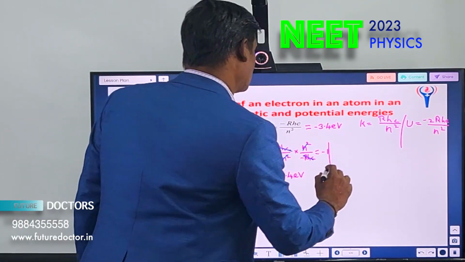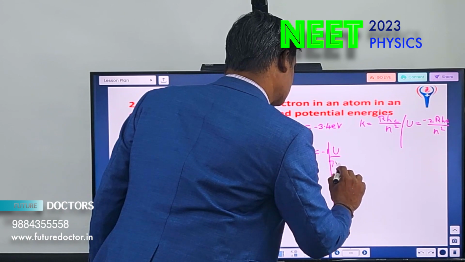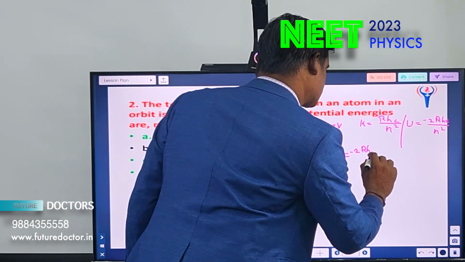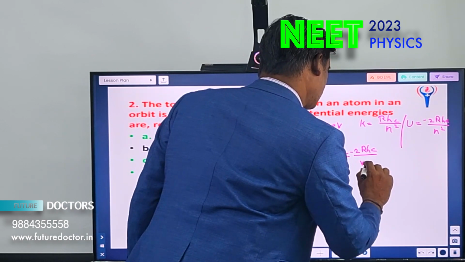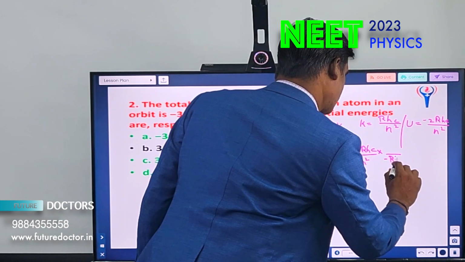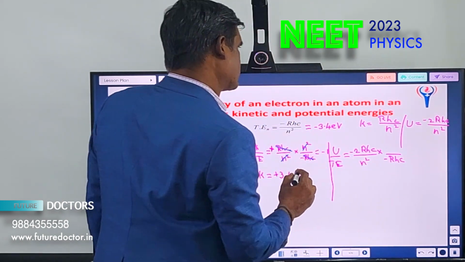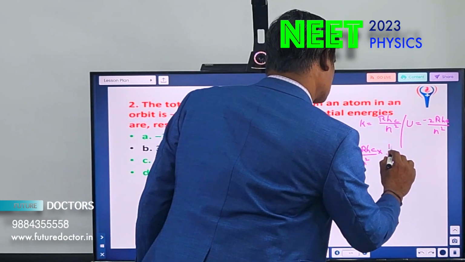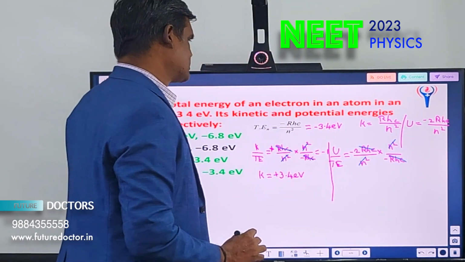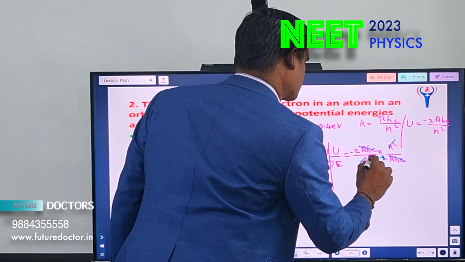Potential energy U by total energy. Okay, U is minus 2 RHC divided by N square, into, this is minus RHC by N square, that is the total energy. Cancel this N square, RHC gets cancelled, minus gets cancelled.